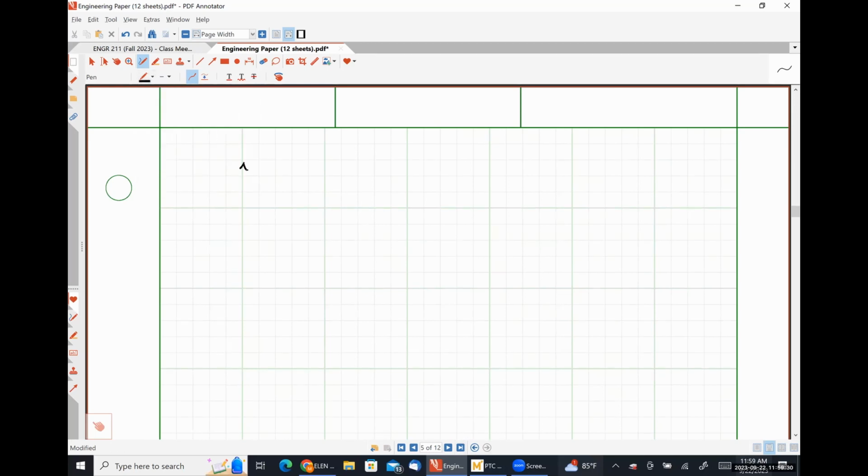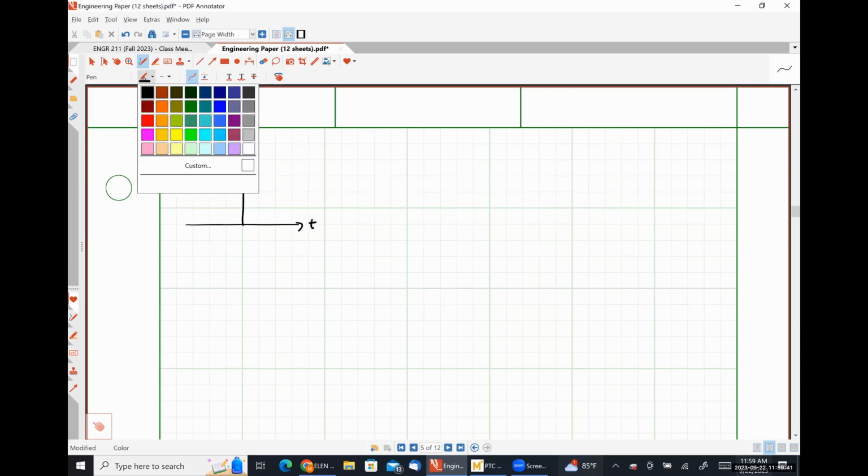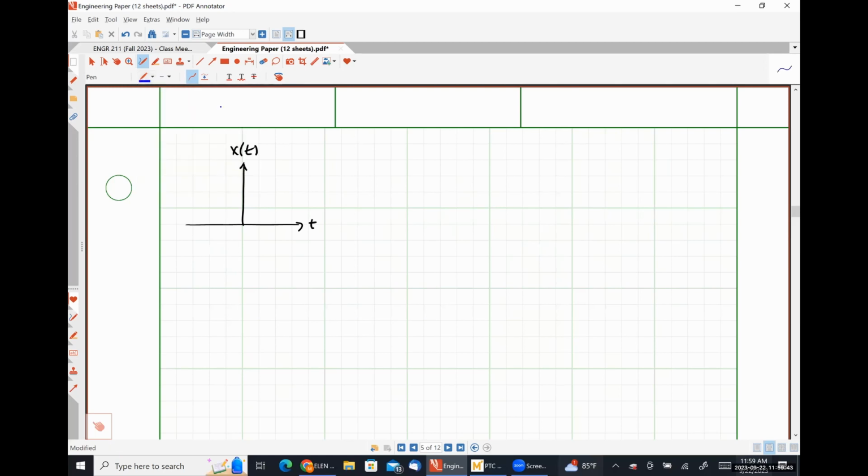So let's say that we have a function x of t that looks like this guy. It has a value of 1 from t equal to -1 out to t equal to +1.